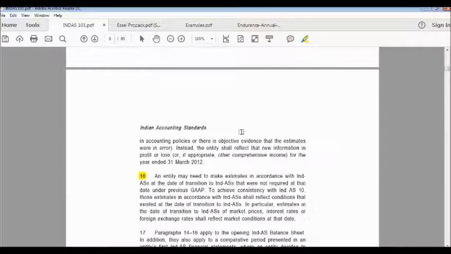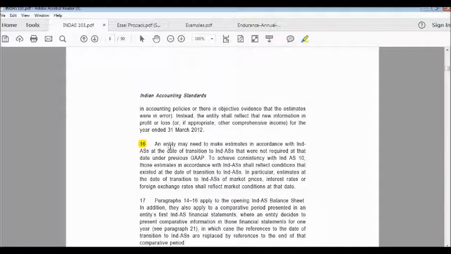Paragraph 16 also says an entity may need to make estimates in accordance with Ind AS at the date of transition to Ind AS that were not required at that date under previous GAAP. So there can be a situation in which you didn't need any estimate as per the previous GAAP, but now you have to make an estimate as per Ind AS.